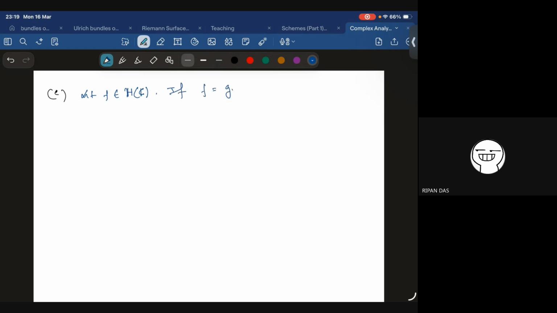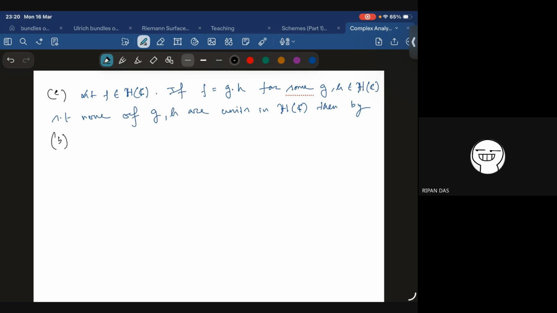If f is of the form g times h for some g, h such that none of g, h are units in H(C), then by B they have a common zero. No. Let's phrase it this way.